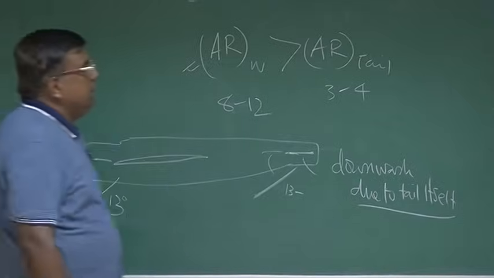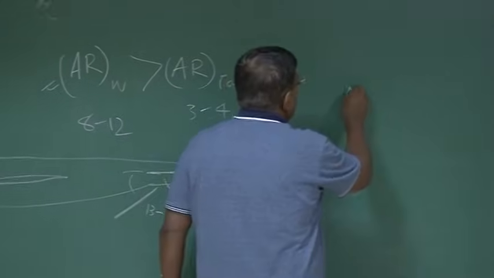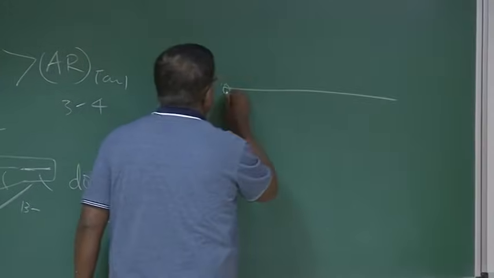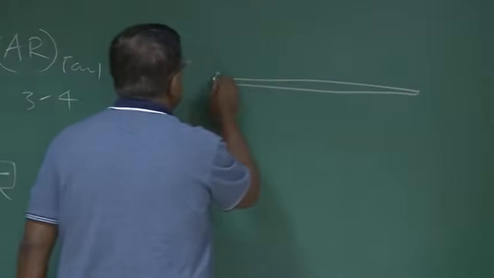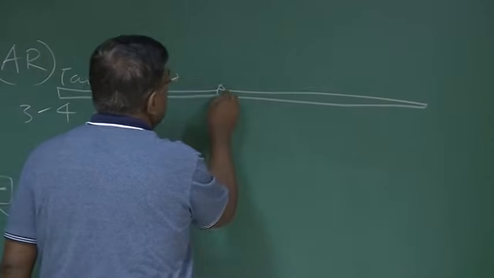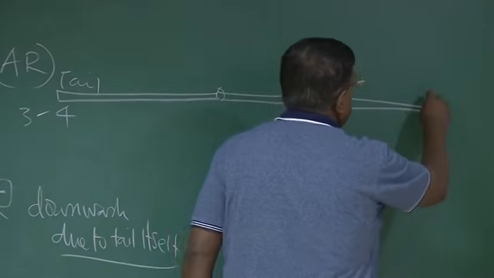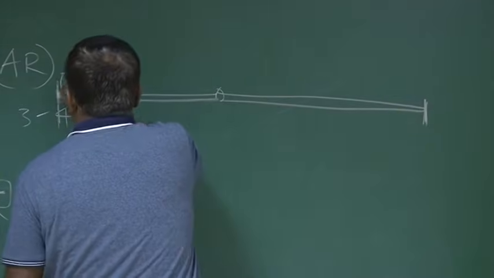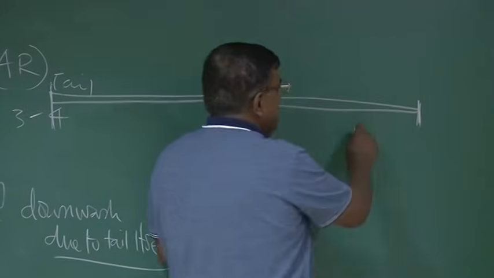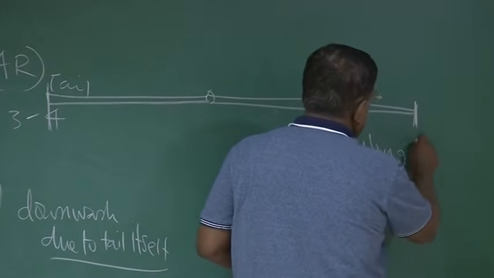You will also see that if I have got a high aspect ratio wing like this, to reduce the induced drag, we put some plate here, and we call it a winglet, right? Winglet.